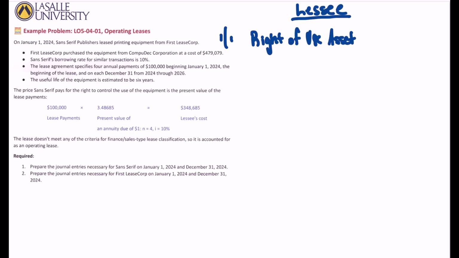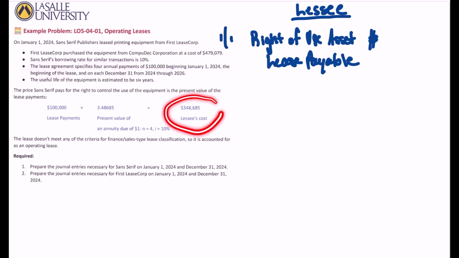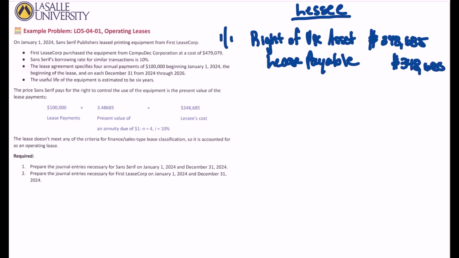and they also record a lease payable. Very similar to a finance lease that we talked about previously. And this is going to be equal to the present value of the lease payments, which in this case is $348,685. Okay.